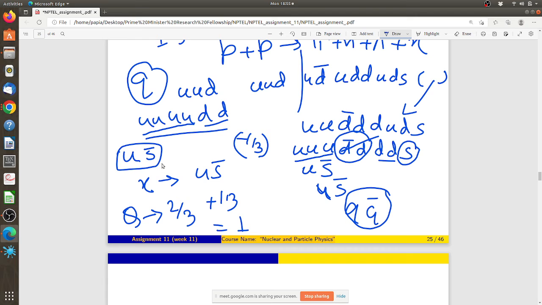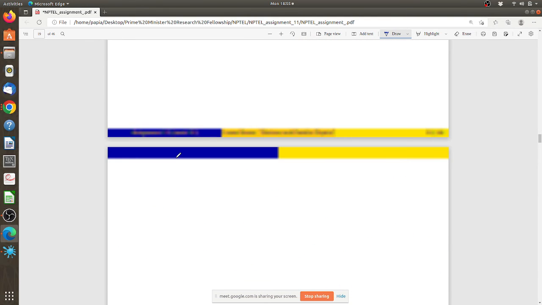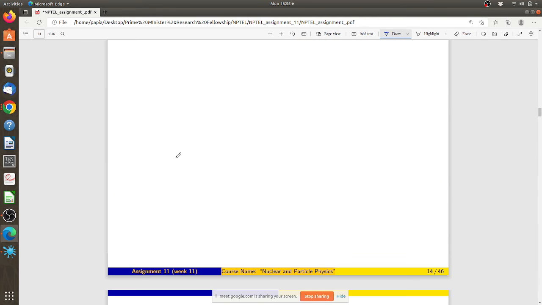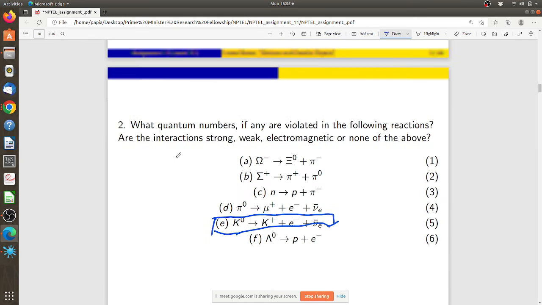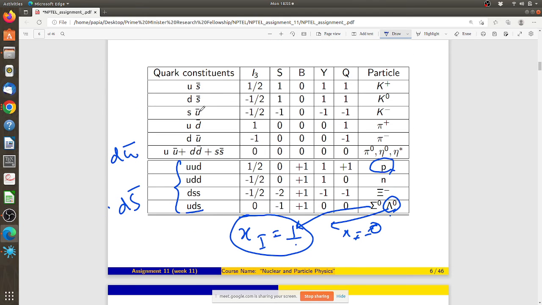Now coming to the U S bar combination, what is basically U S bar? In that quark content table, you can see that U S bar is this one, K plus. So the missing particle is K plus.